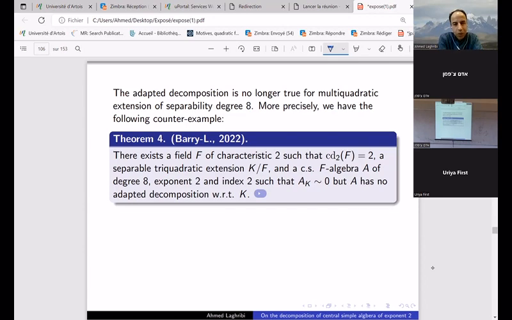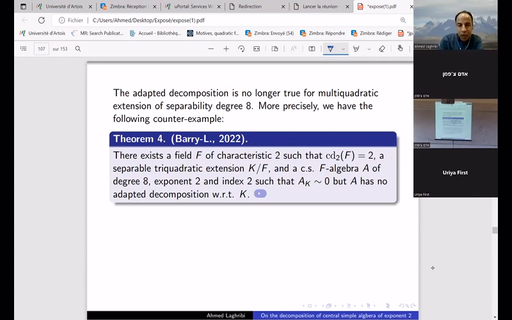So these examples took us a lot of time, so it was not really easy to find this example. And of course, we had to deal with multiquadratic extensions, of separability degree 3, quadratic separable extensions.